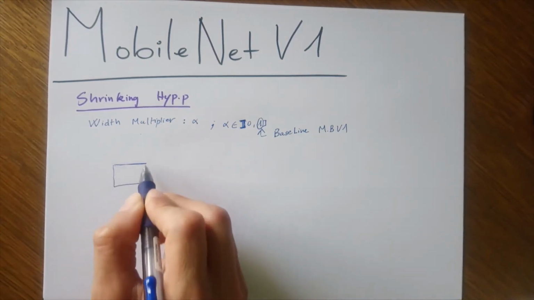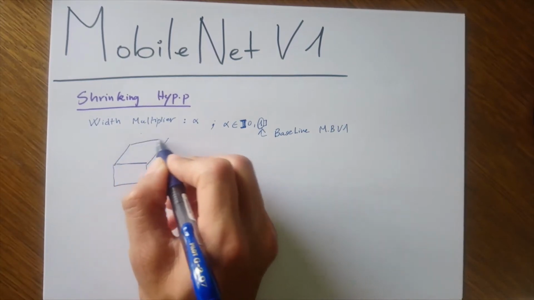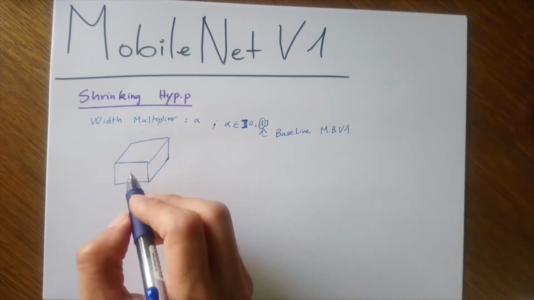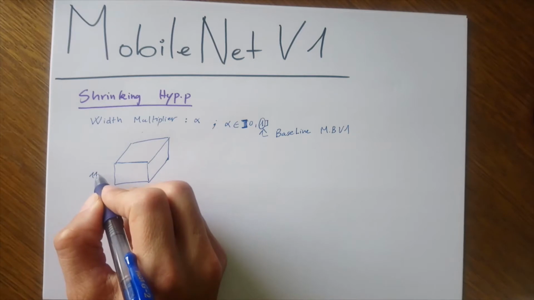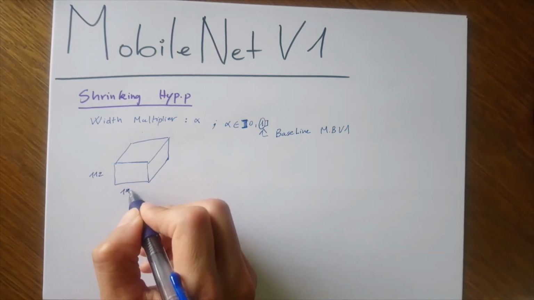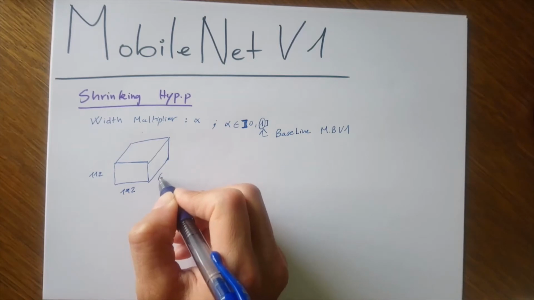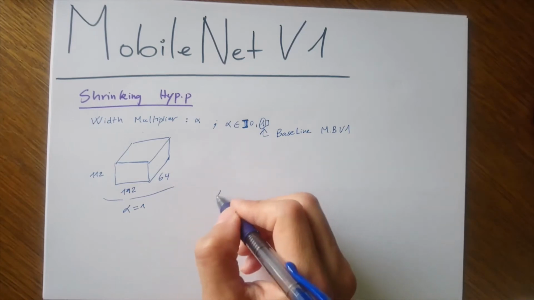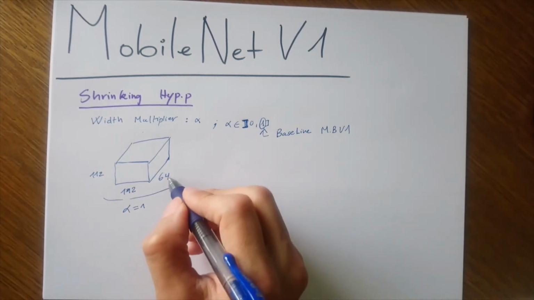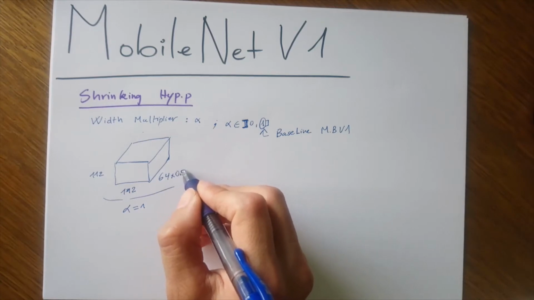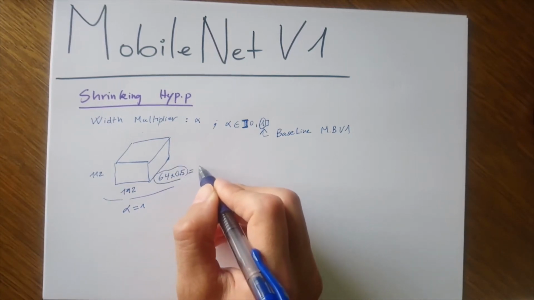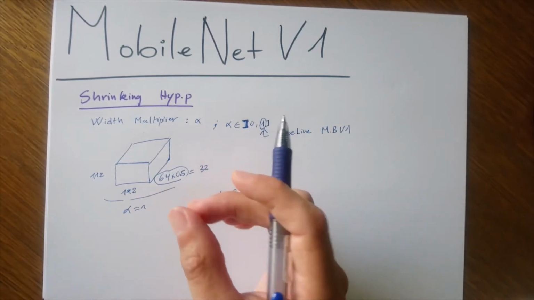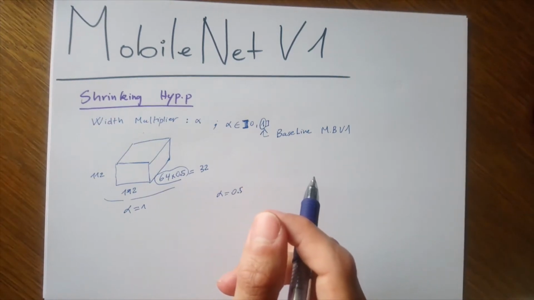If you have an activation like this, and let's say that the dimensions are 112, 112 and 64. So this is for alpha equal 1. If you have an alpha equal to 0.5, then this would be multiplied by 0.5 and you'd get 32, and we get such shrinking in the depth because the number of kernels is reduced.